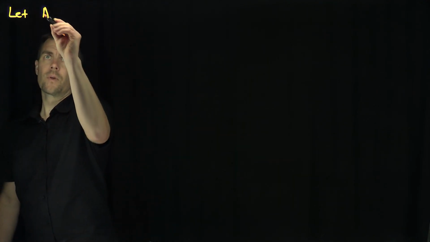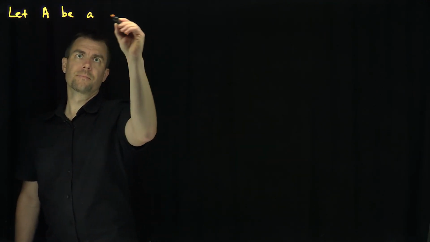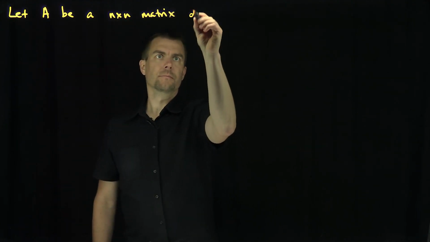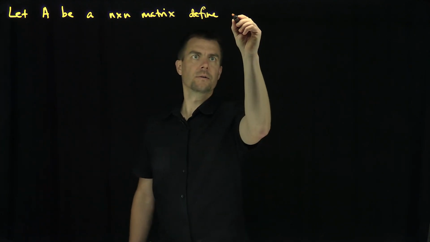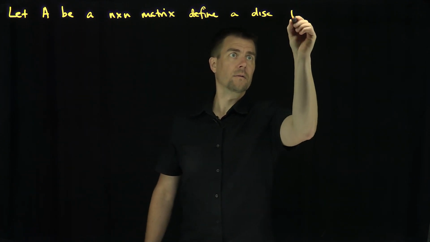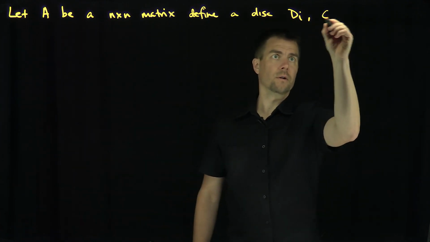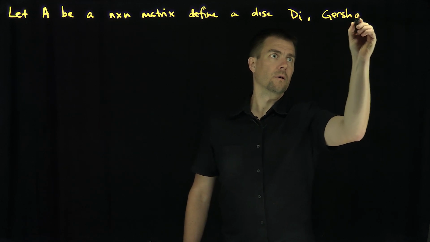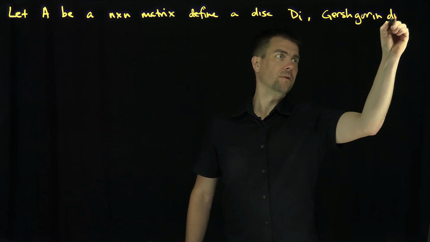Hello students, in this video we'll discuss Gershgorin circles for the eigenvalue problem for an n by n matrix. So let's let A be an n by n matrix, and then define a disk D_i, called the Gershgorin disk.